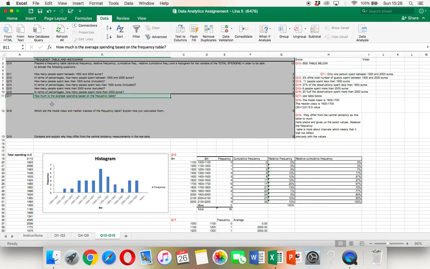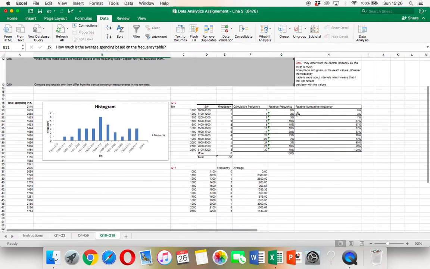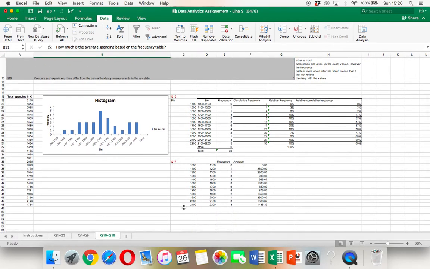How much is the average spending based on the frequency table? So I have written "see the table below" because I have drawn another table here where I put the first interval in one column and the second interval in the second column. These are the intervals I'm talking about, and then the frequency. So I have three columns.